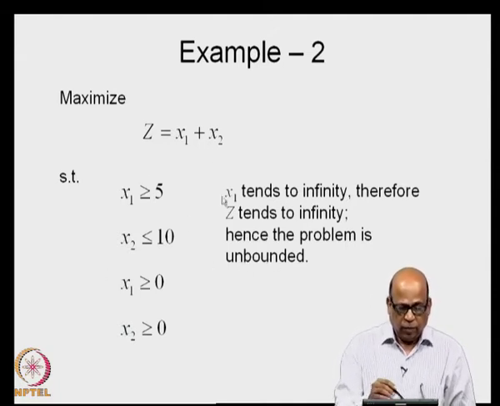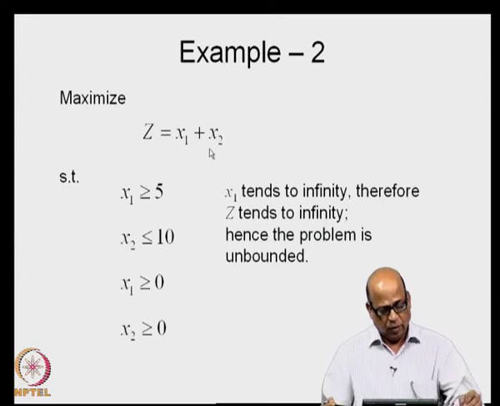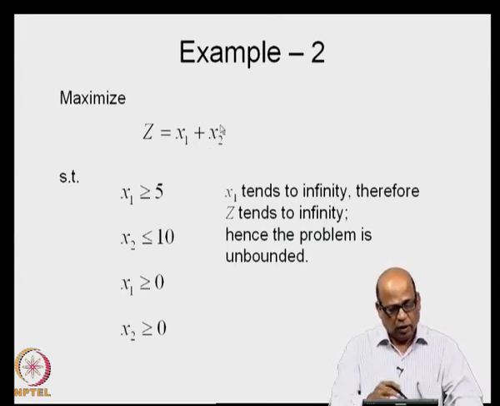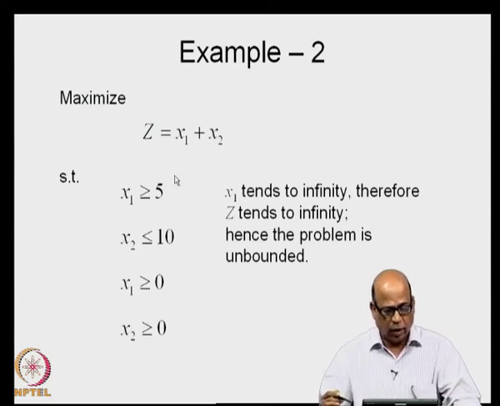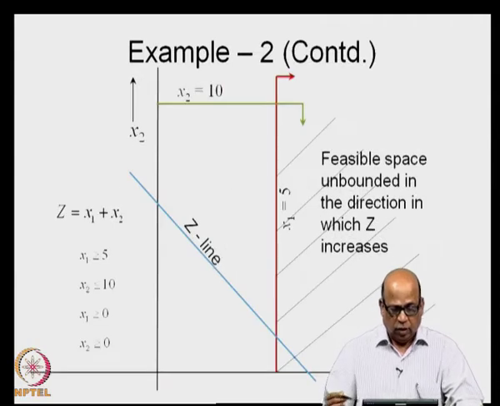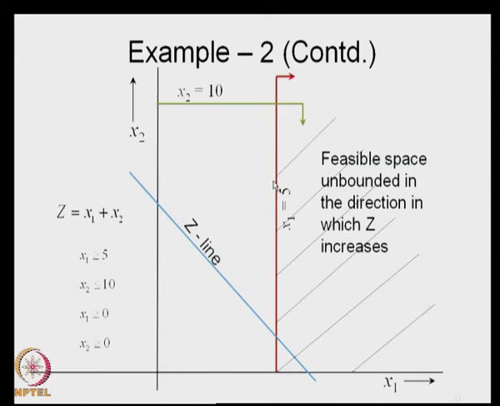Let us see what happens if we solve such a problem using the simplex algorithm. We know that it is an unbounded problem. Let us solve it with the simplex algorithm and see what happens for such problems. First, let us just depict it by the graphical method.